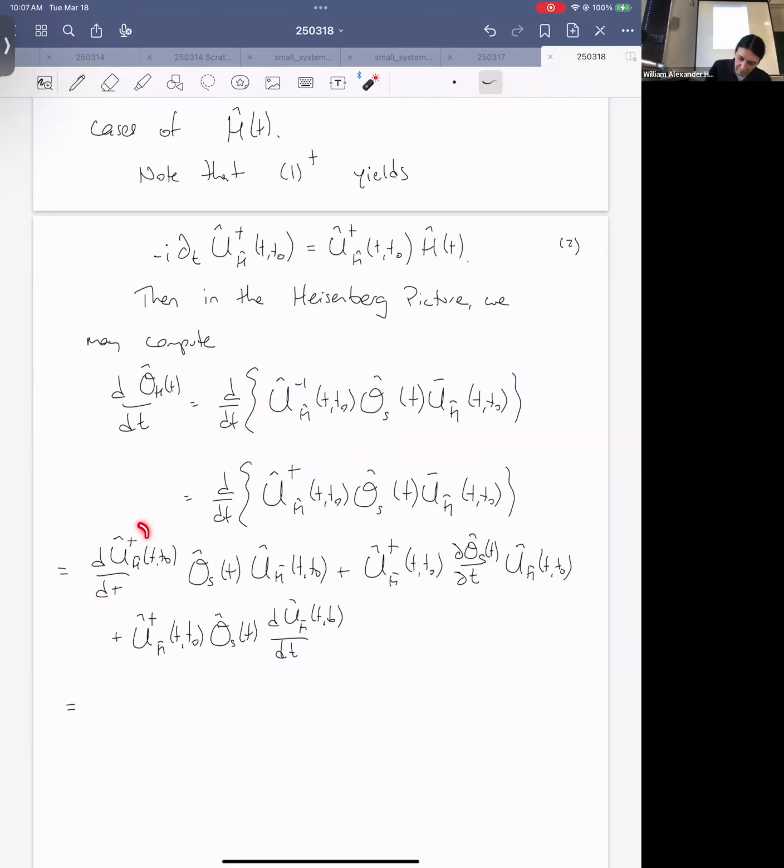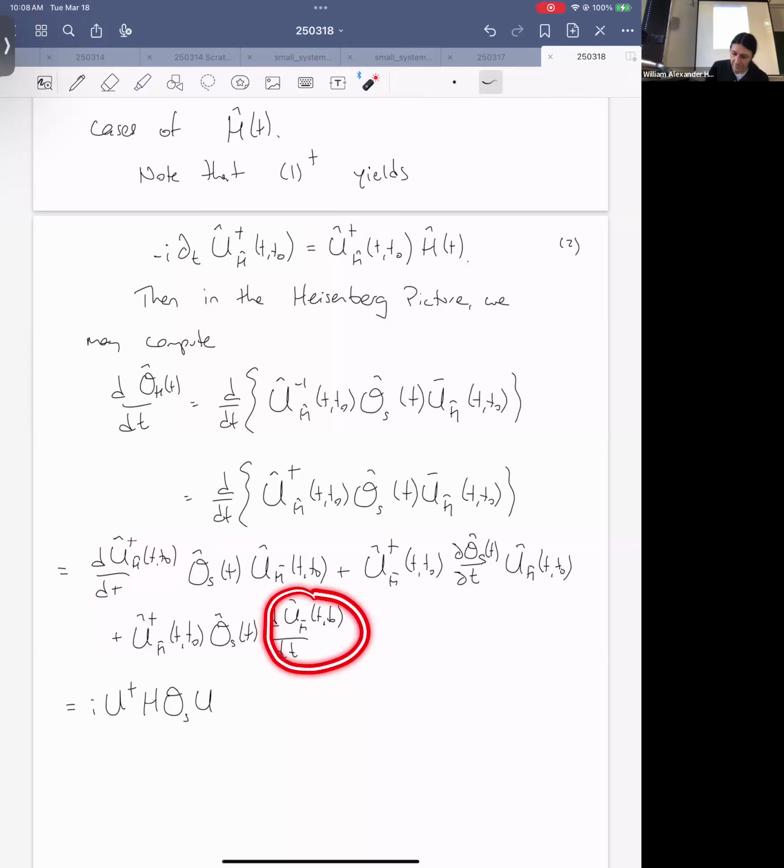So the time derivative of the time evolution operator Hermitian conjugated, if I come back up here to equation 2, that's going to be i U dagger H. So I get an i U dagger H times the operator U. And then I'm going to rearrange things just a little bit to make it more clear.